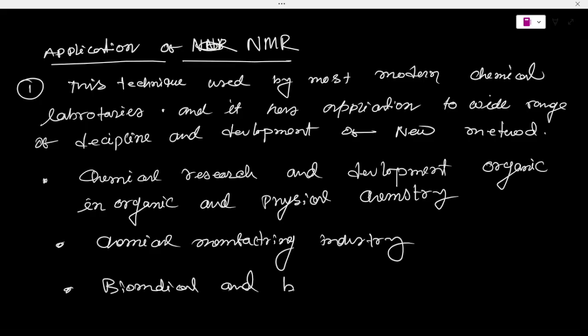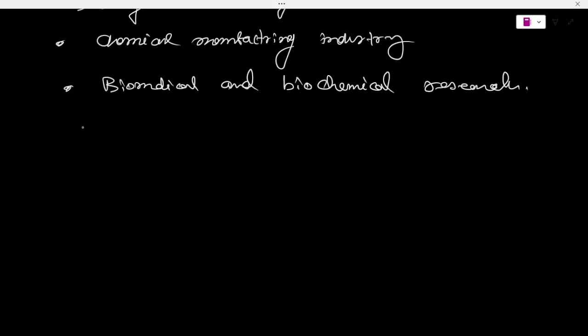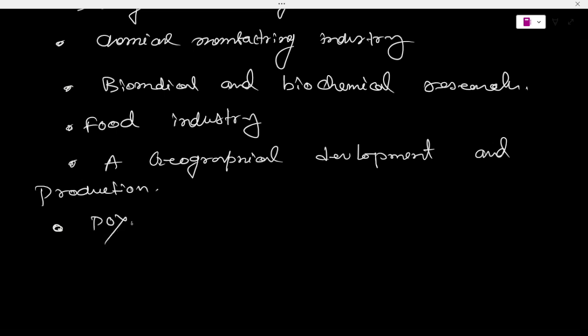Point four is the food industry. Point five is geological development and production. And the next is the polymer industry.